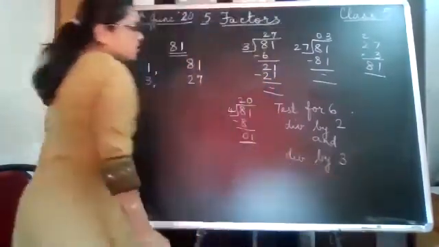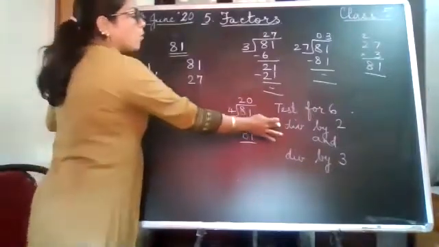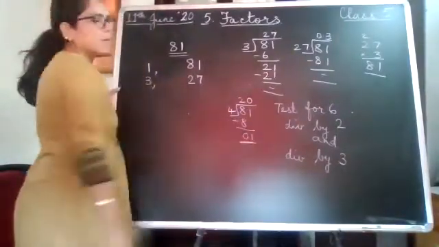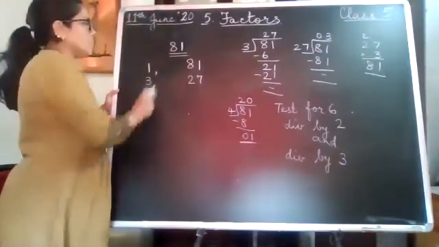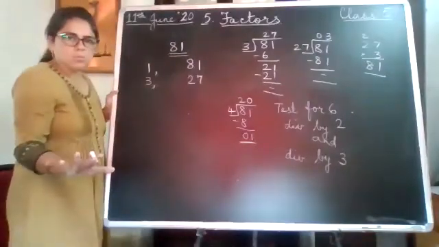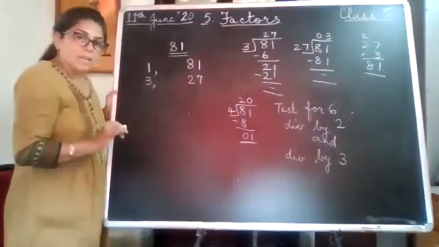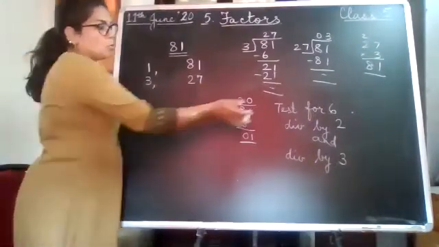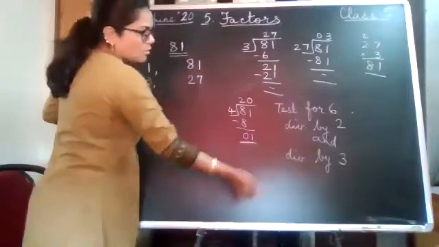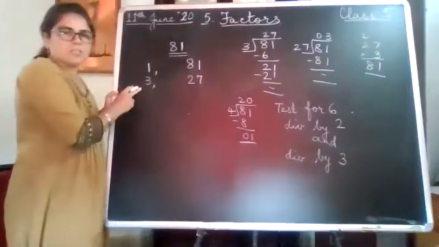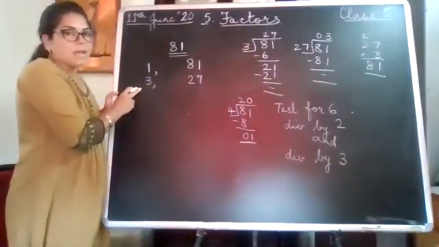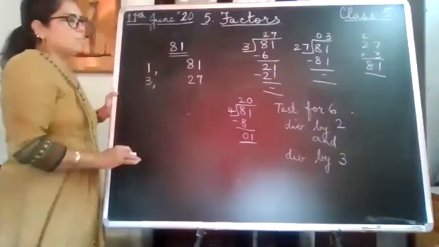So if a number is divisible by 2 and also by 3, then it will be divisible by 6. But this number is not divisible by 2, so it will not be divisible by 6. So 6 से divide होने के लिए it has to be divisible दोनों से, 2 से भी और 3 से भी. Okay, ये तो 3 से divide तो हो रहा है, but it is not divisible by 2. Therefore, it is not divisible by 6.